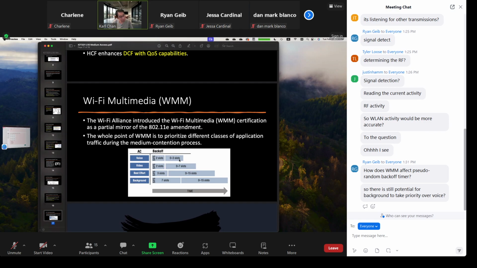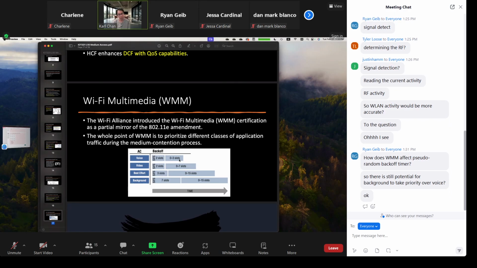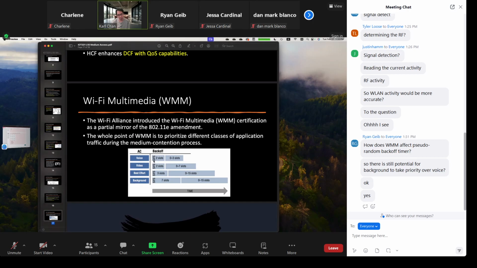So there is still potential for background to take priority over voice? Yes. But it depends on the time of arrival, okay? Because you still have the interframe backoff, right? You still have some slots before that. Okay, so basically the voice will have the highest priority, but probably yes.